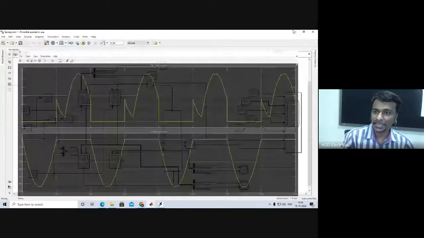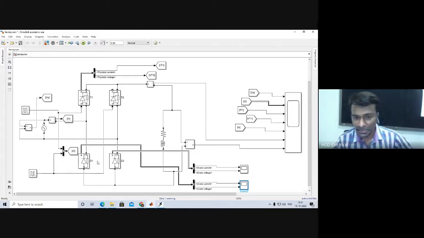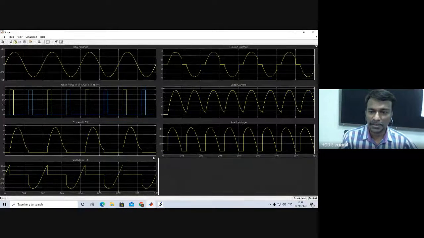If you see here, for example, I have connected the voltage and the current flowing through thyristor T1. Current will flow continuously through the thyristor. This is the shape of T1, flowing continuously.